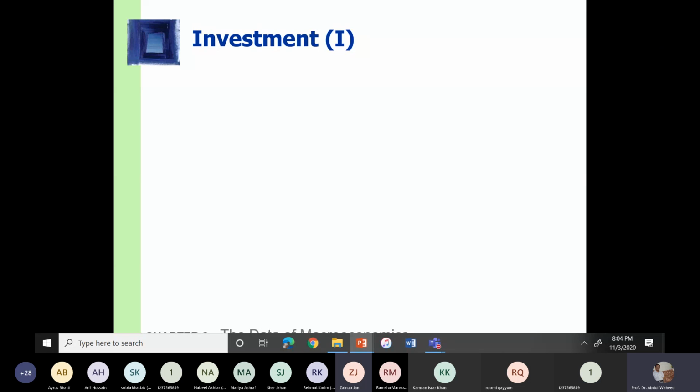But suppose out of these 20 computers, 2 computers are not working. I have to dispose of these 2 computers. So what would be the net addition? I had 20 computers, but 2 are out of order and I have to dispose of them.